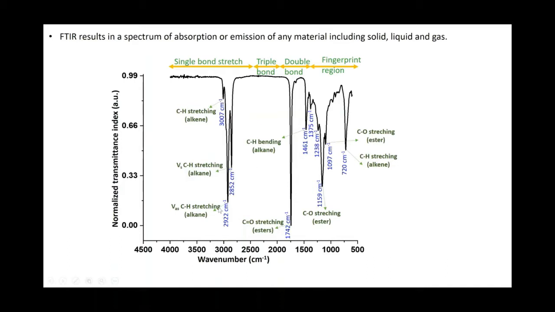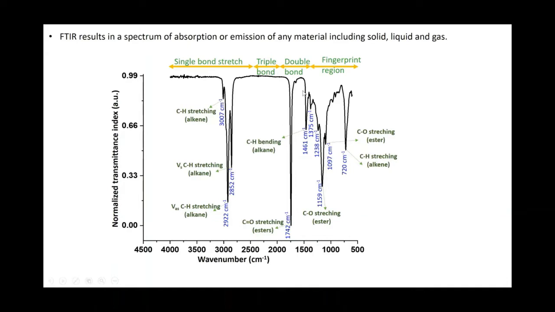If we see, there's a band range from nearly 4,000 to 1,500. Now these are typically due to functional groups like OH, C double bond O, NH, CH3. If you can see, I have marked a few of these peaks over here, and what functional groups they are representing.